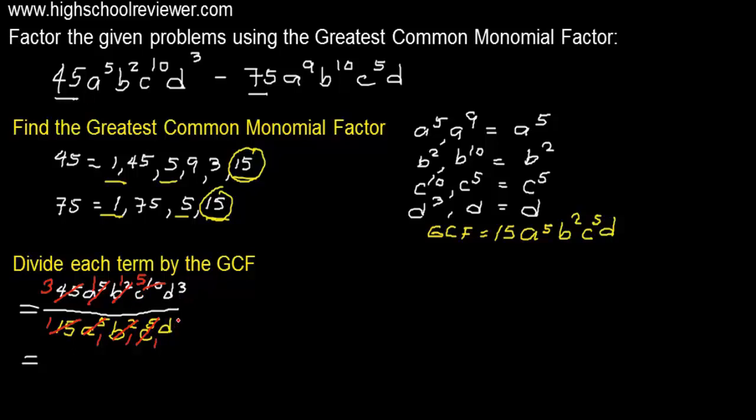And for d raised to 3, we can cancel this out. This will now be 1, and this will be 3 minus 1. The exponent now of d is 2. So what will be left here will be 3. And then a raised to 1, this will now be 1, and what's left here will be c raised to 5, and we also have d raised to 2.